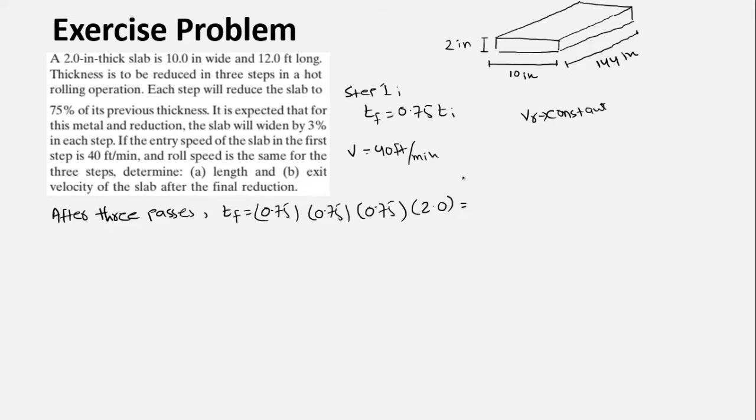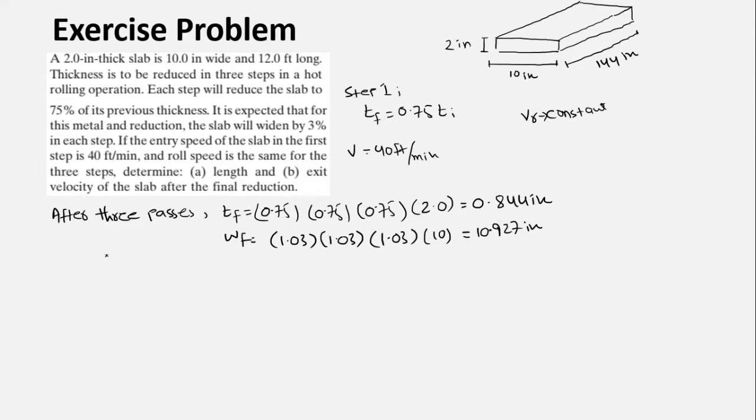So it will be reduced to around 0.844 inches. Now it says it is widening by 3% in each step, so the final width would be 1.03 into 1.03 into 1.03 into the 10 inches. So that would be around 10.927 inches. So these are the final dimensions of our slab.